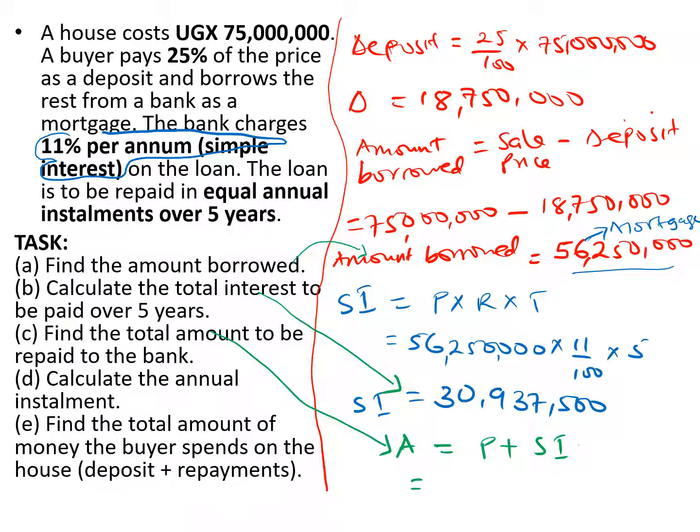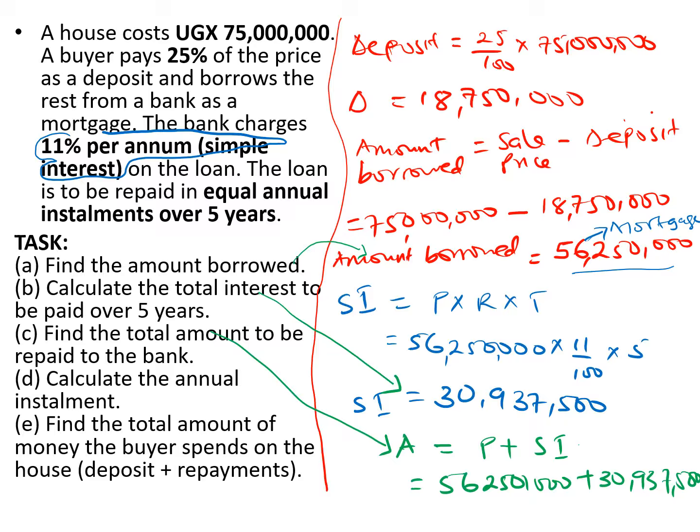So our principal is 56,250,000, plus the interest, which is 30,937,500.